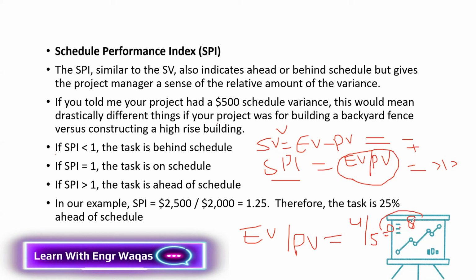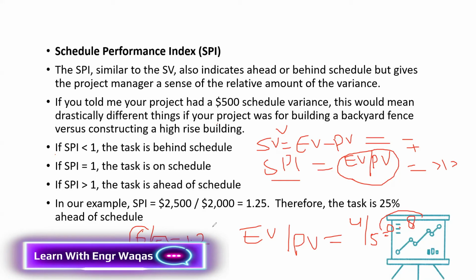You got my point? And if earned value, which is on the top, is 6 and planned value is 5, it is going to give me 1.2. It means 5 is smaller than 6. My plan was smaller, my plan was less, but I have done more. So it means a positive thing.